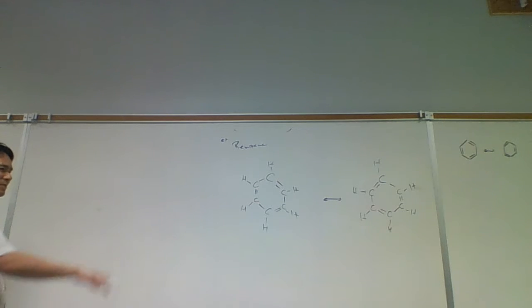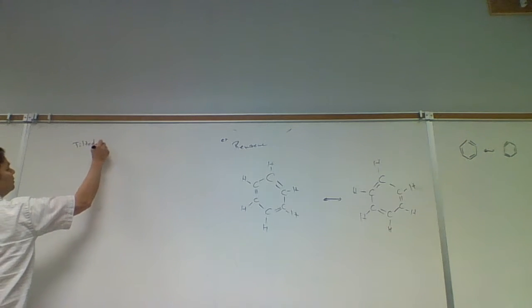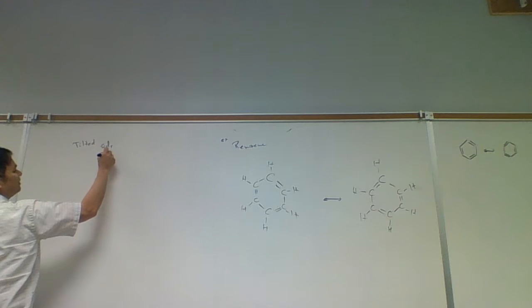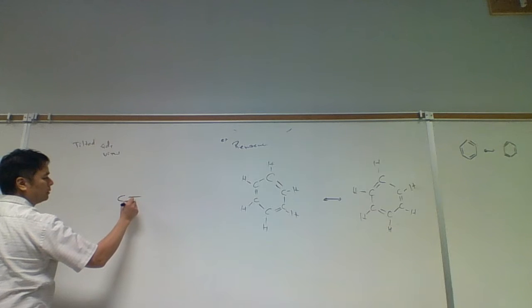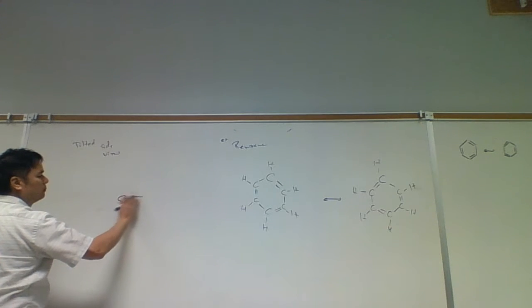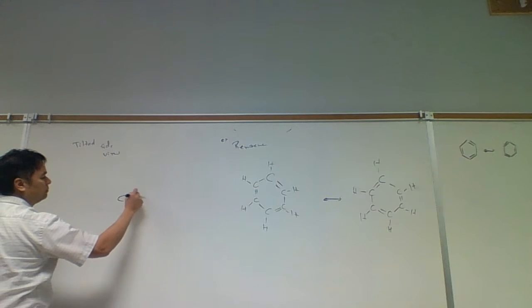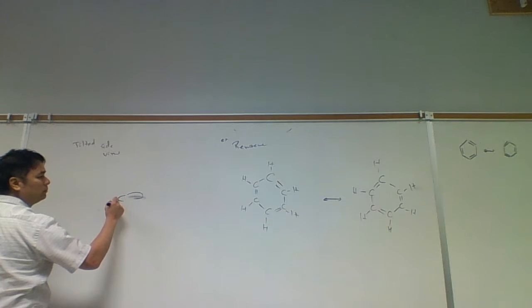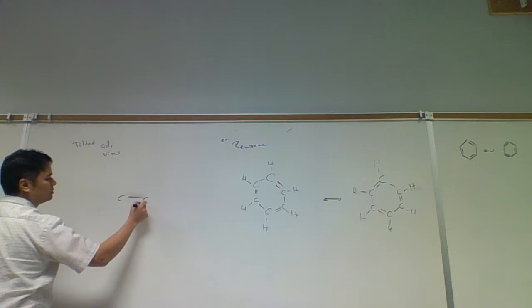What I'm going to do is a tilted side view of this. Each of these carbons is sp2. In order to do the tilted side view, I need to draw a little bit.